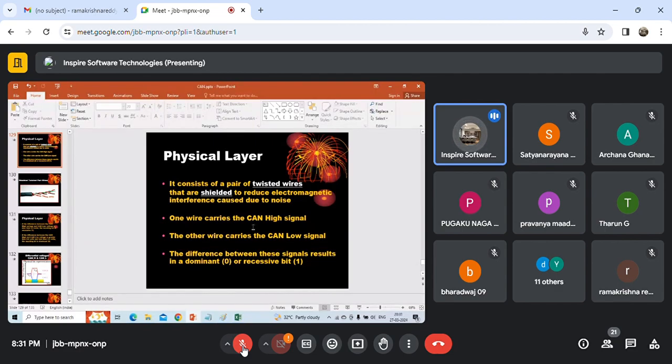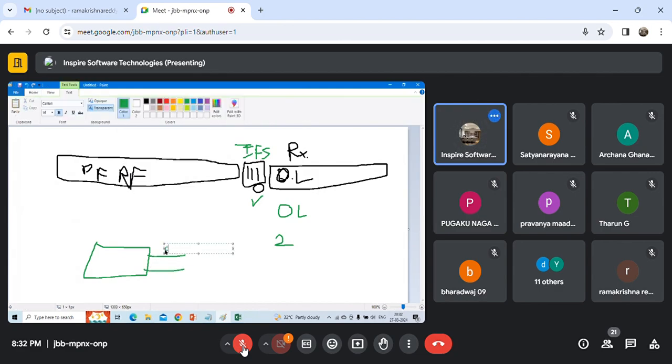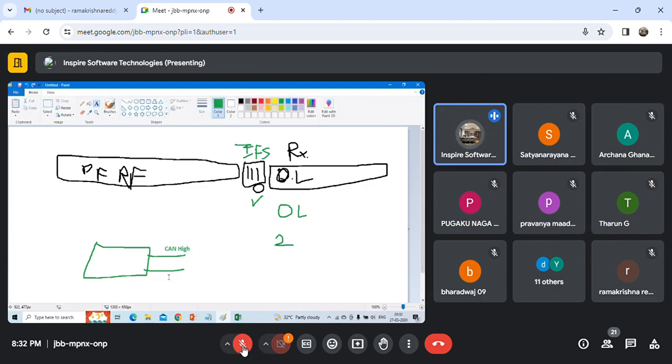In this, one wire is called the CAN high signal. The other one will carry the CAN low signal. That is what, in the protocol, they will be mentioning.